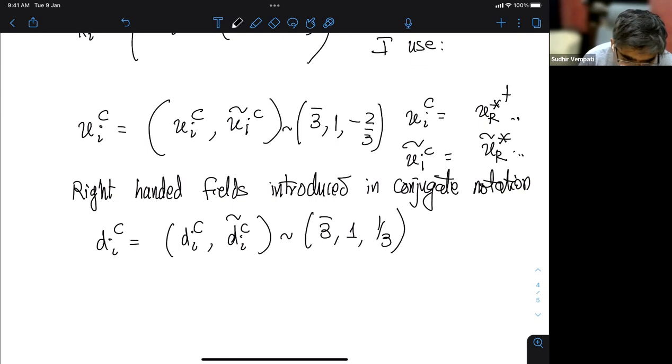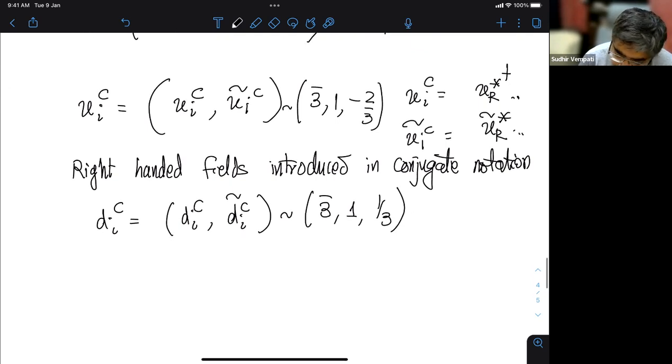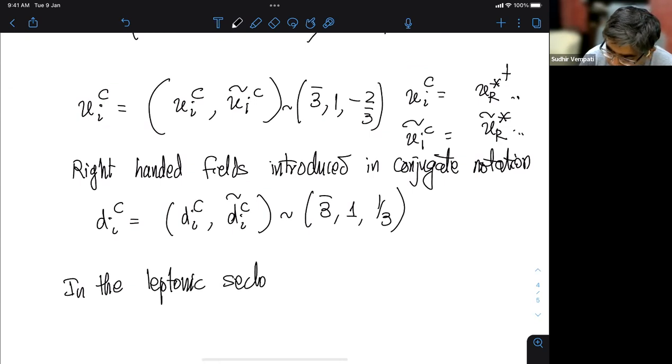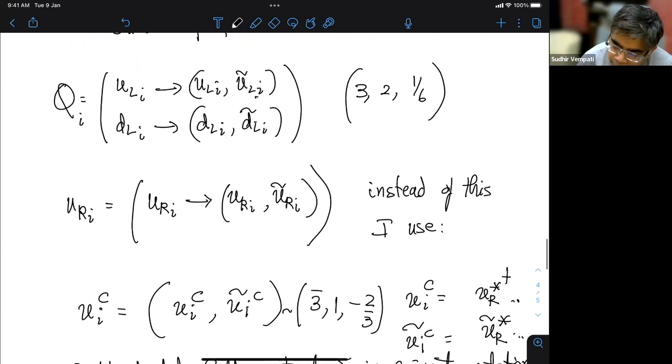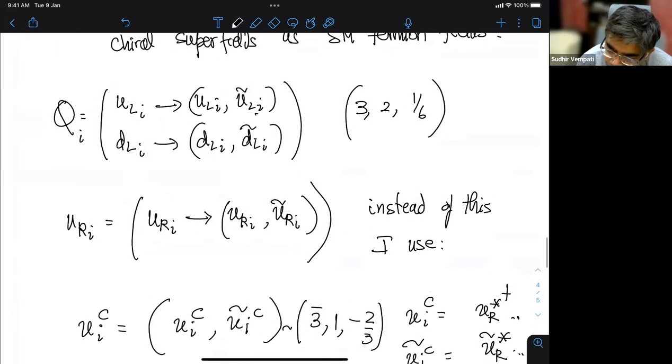What is in the leptonic sector? We'll come to the leptonic sector in a second. All these things are called squarks. All the tildes are called squarks.